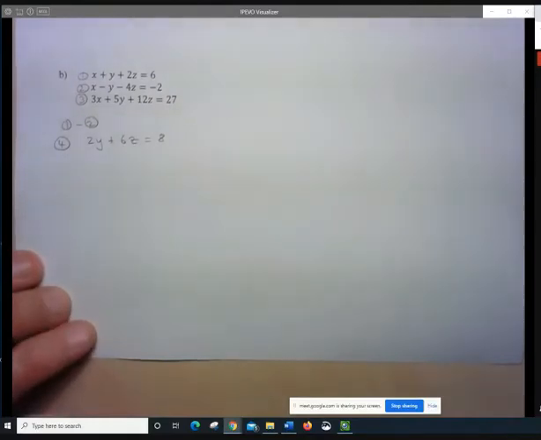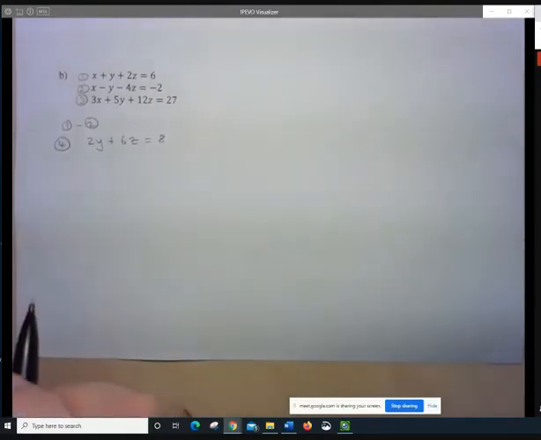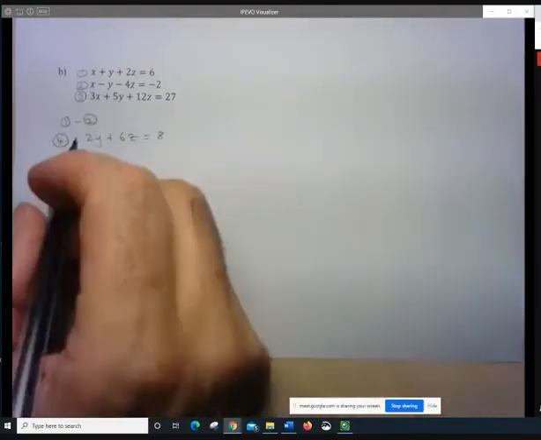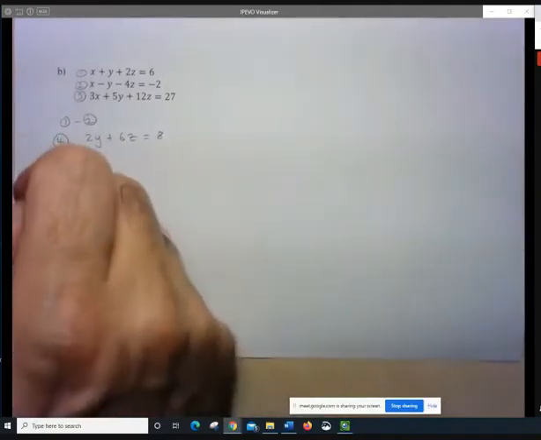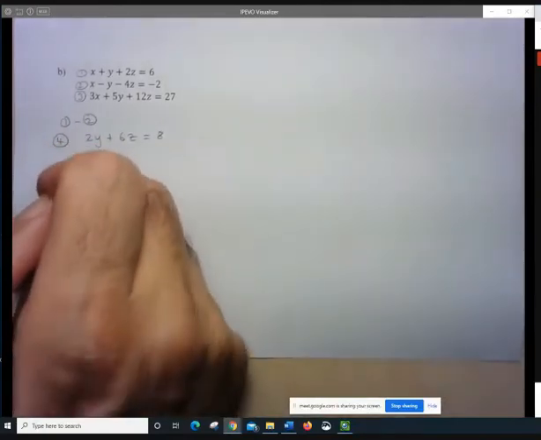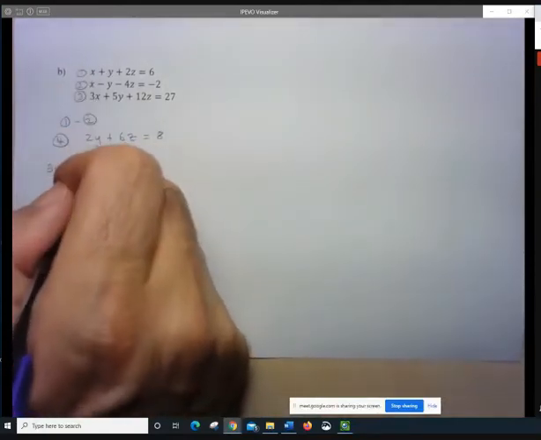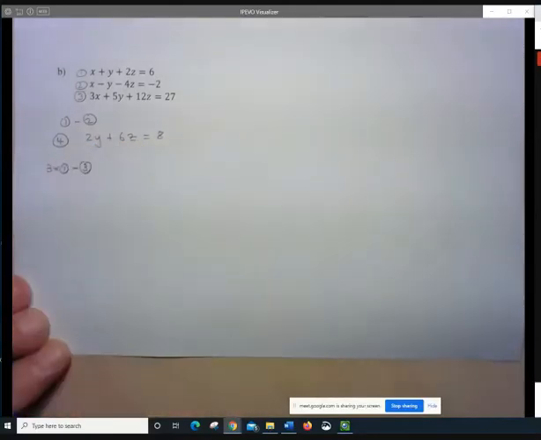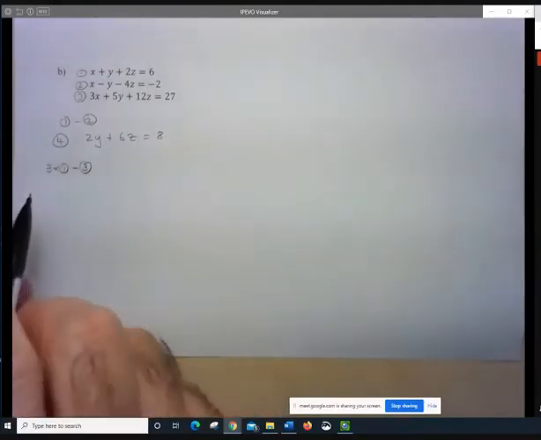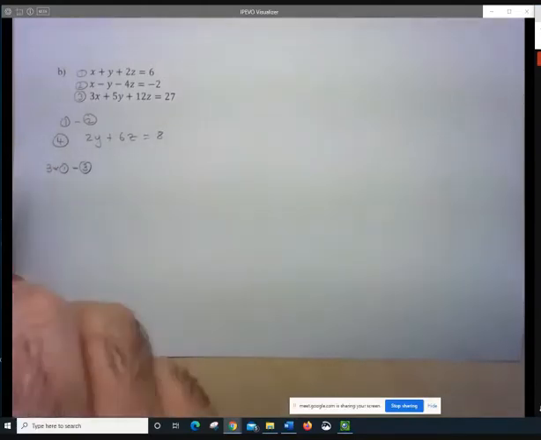Let me now use, I don't know, what should we do here? Let's use 1 and 3, I guess. So let's do 3 times equation 1 and then minus equation 3. Whoops, I lost the chat here. This one, I'm going to try to do without writing it out, so this is where I want to be really careful.